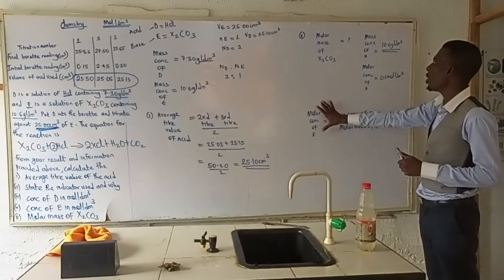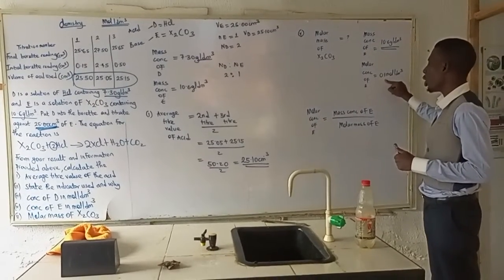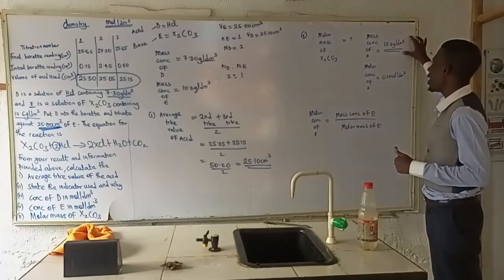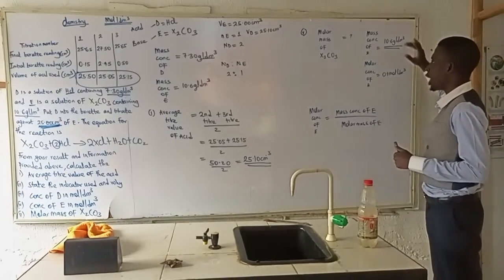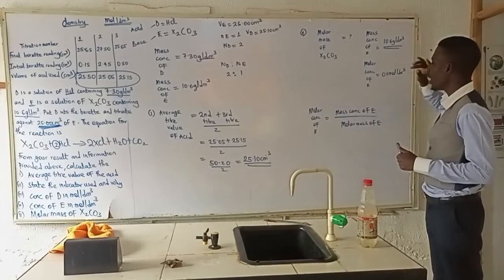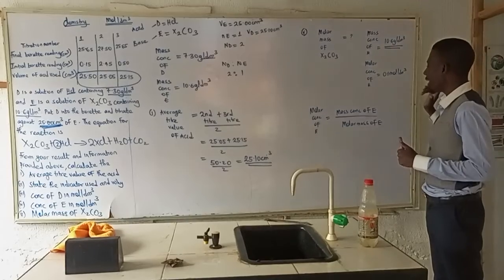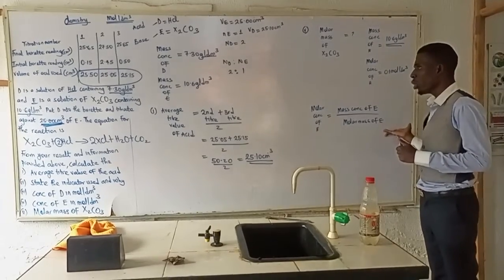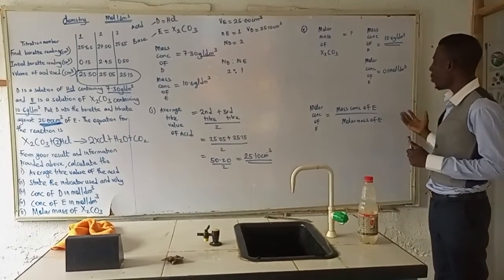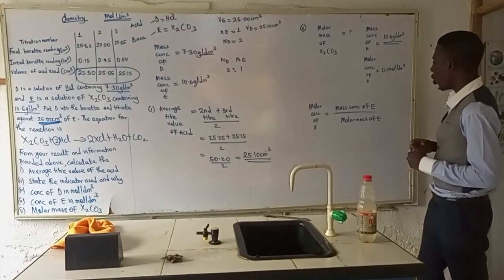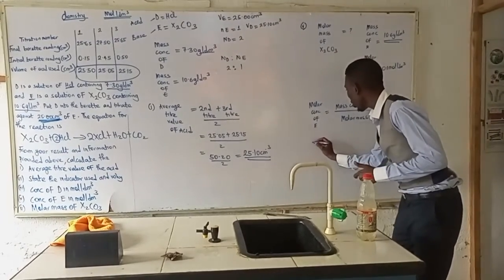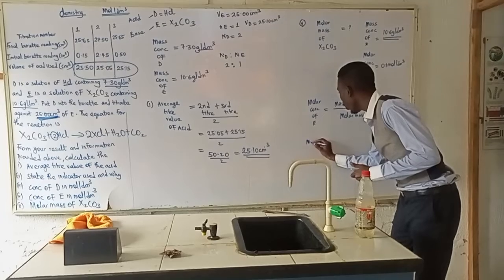The molar concentration of E we know to be 0.1 mole per dm³, and the mass concentration of E has been provided to be 10.6 gram per dm³. The only thing I need to do here is to make molar mass of E the subject of the formula.